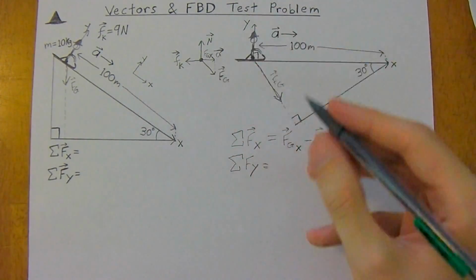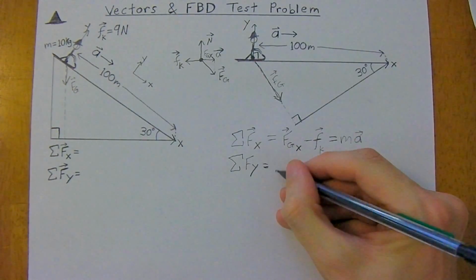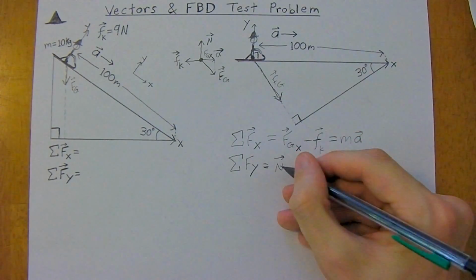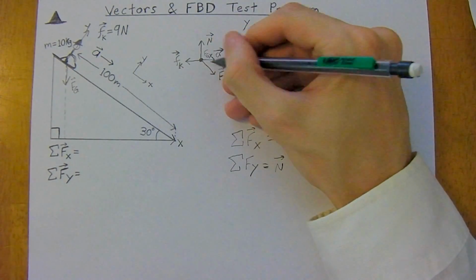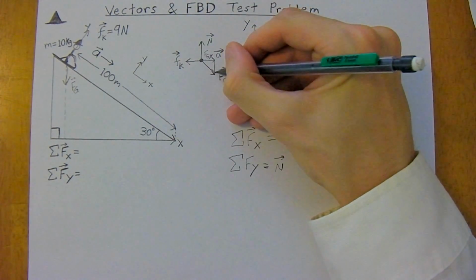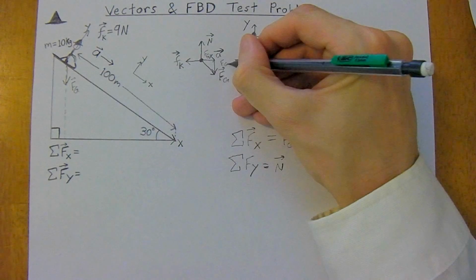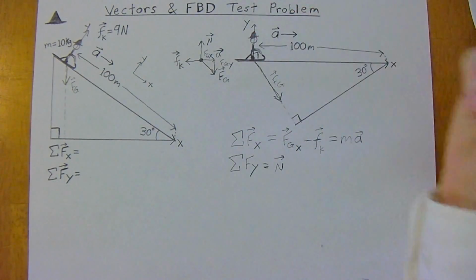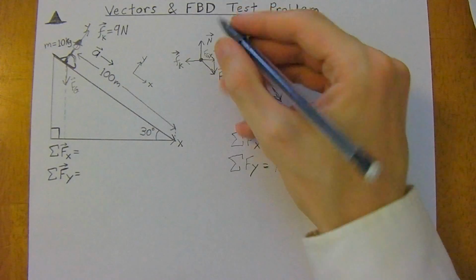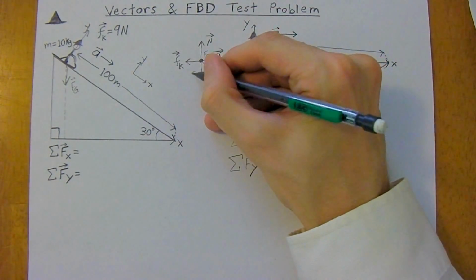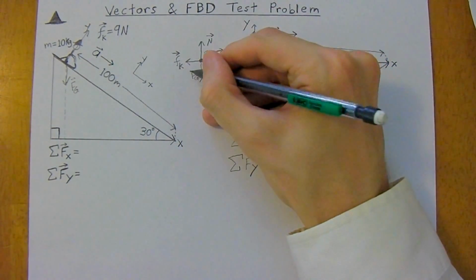And we have, well, the normal force is positive. It's pointing upward. And we have the components of gravity going down. So Fg along the y-axis. So we have negative, because it's going down, the force of gravity in the y-axis.